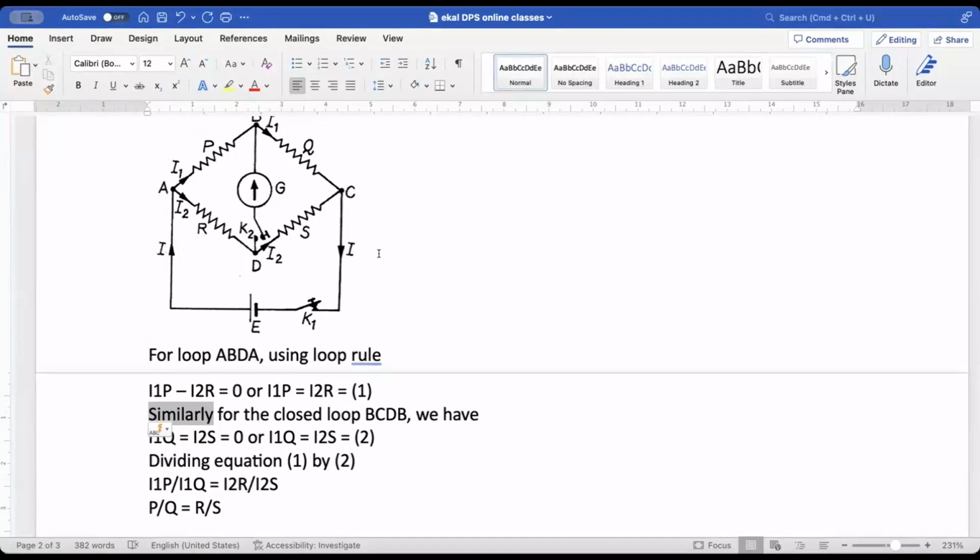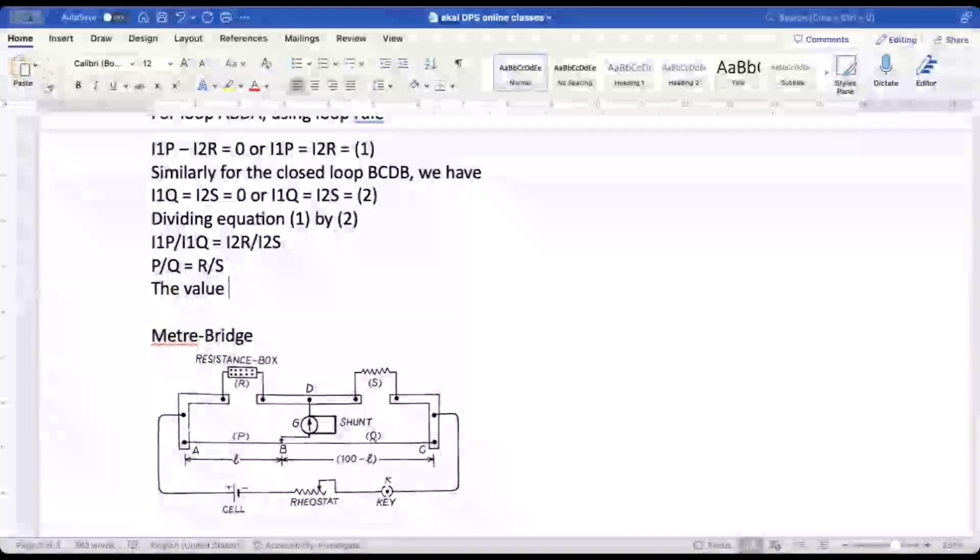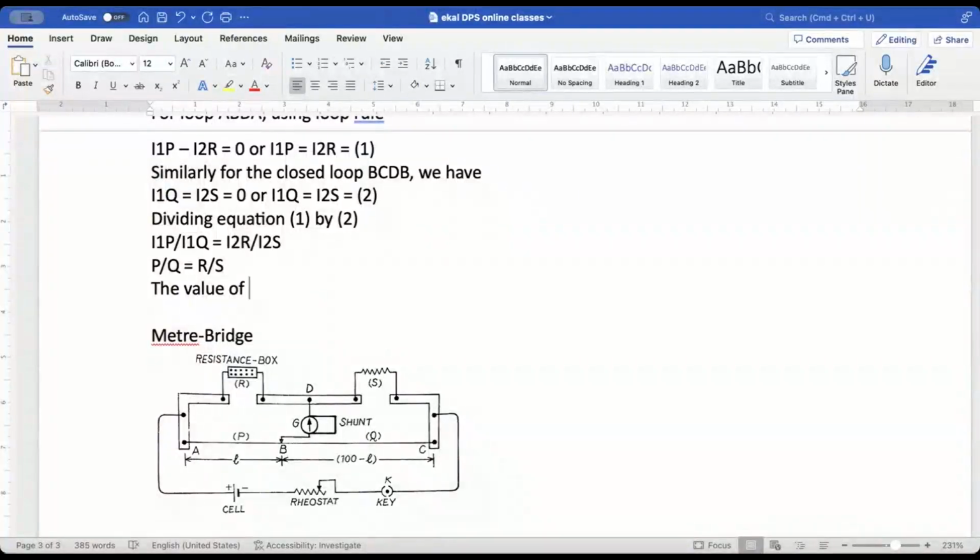And the bridge is maximum sensitive when all the four resistances are of the same order. So this is the point to be noted, that the sensitivity of the bridge depends upon the values of the resistances.